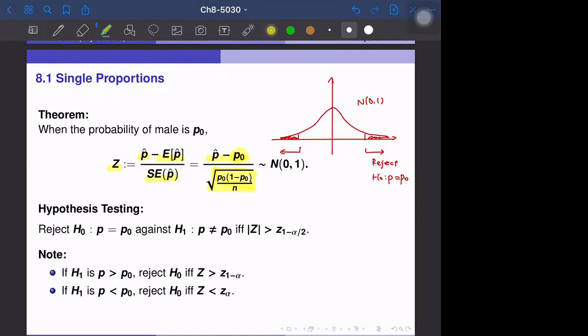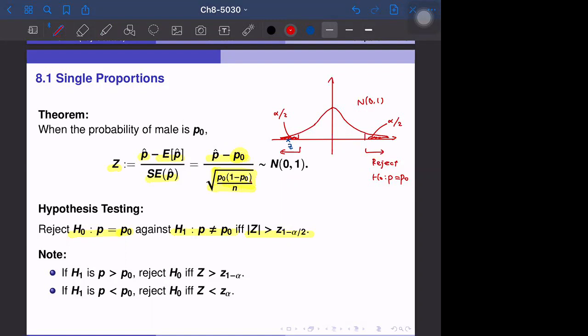This null hypothesis is rejected against the two-sided alternative if the absolute value of z is larger than the threshold. We assume that this area is alpha over 2. Here, alpha is the significance level, typically 0.05.